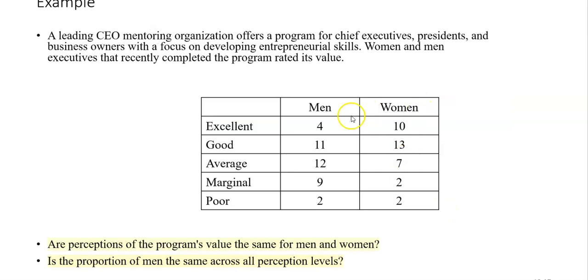Here, for instance, we have a leading CEO mentoring organization that offers a program for chief executives, presidents, and business owners. Women and men executives that recently completed the program rated its value. So here are the perceptions of the program's value, the same for men and women.